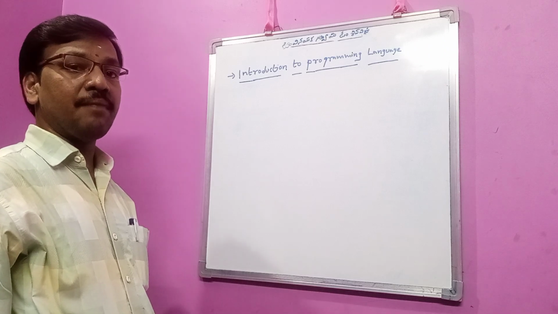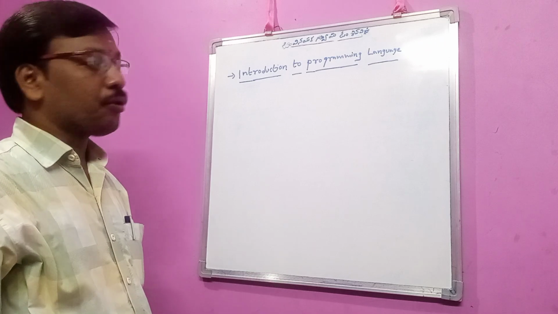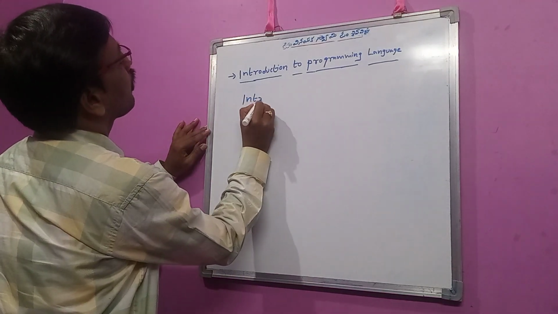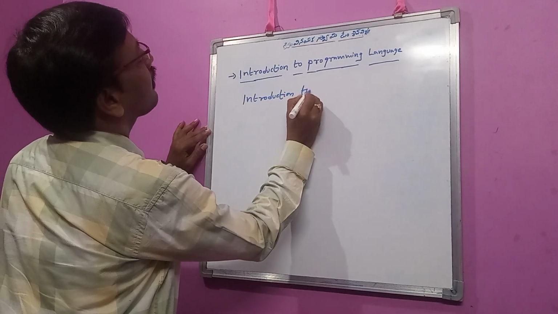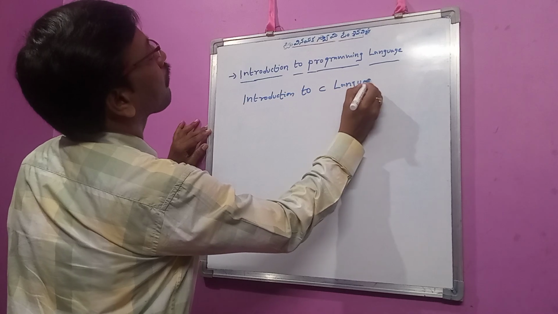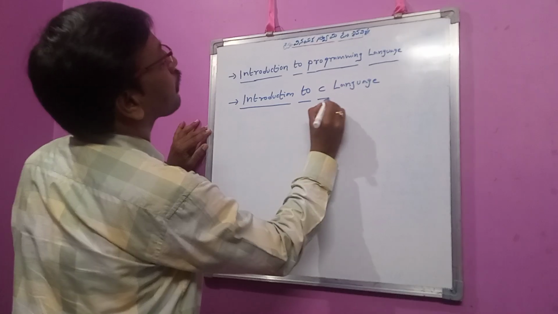Here we have 3 types: compiler, interpreter, assembler. Now we will see the introduction to C language.